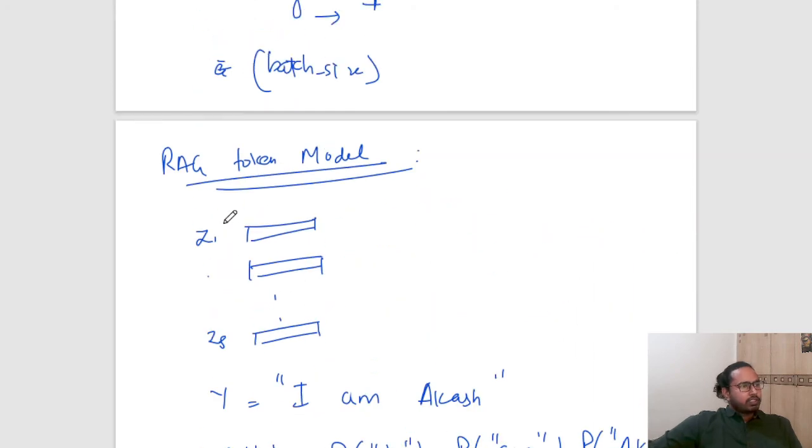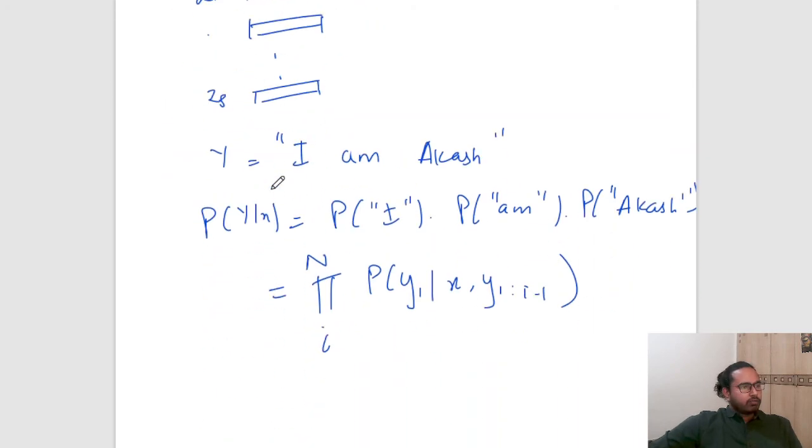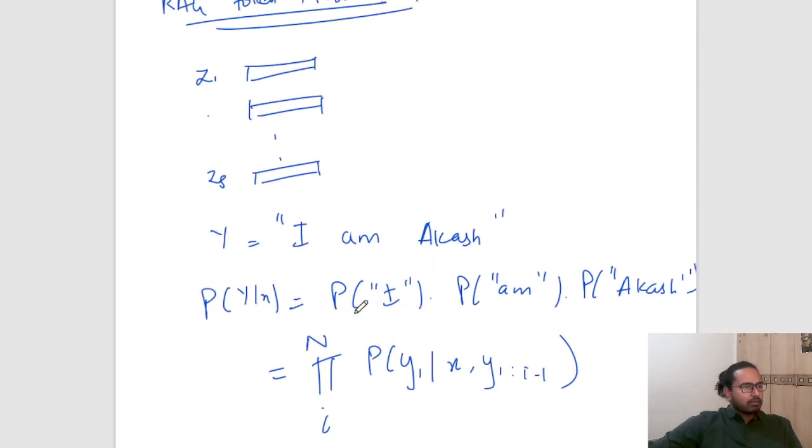Now in our RAG token model formulation, each of these probabilities can come from different documents. We have to find the probability of getting I from each and every one of these documents.